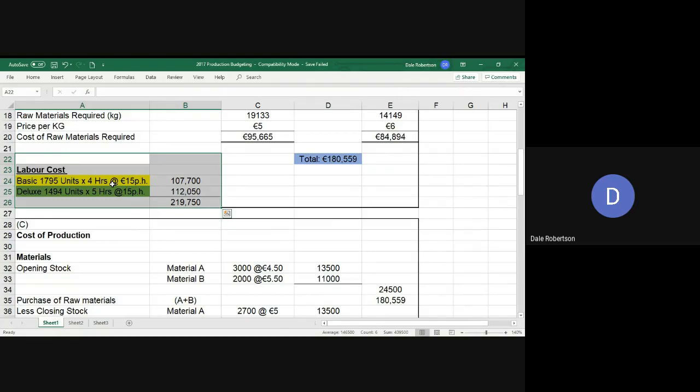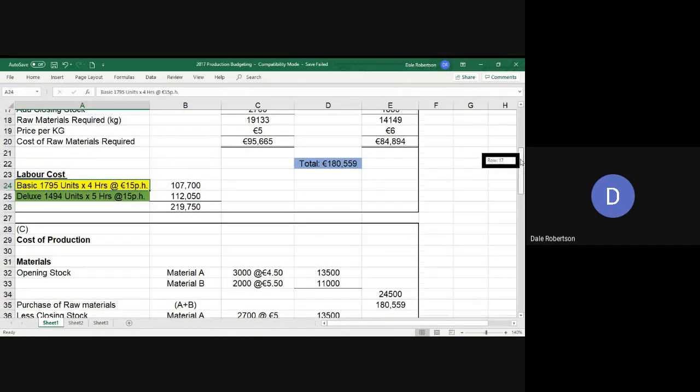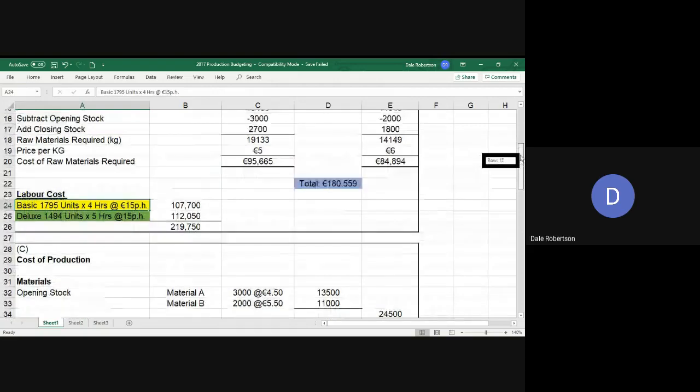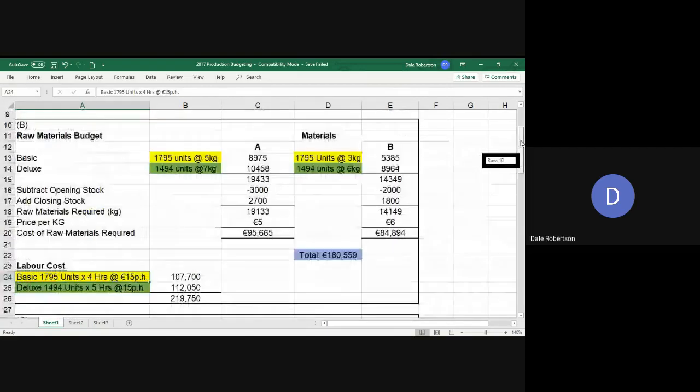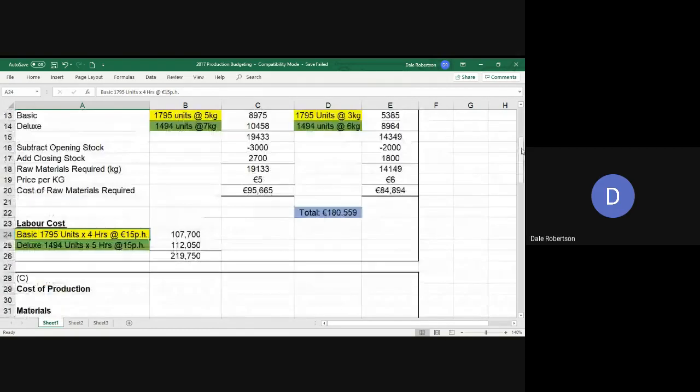So, taking our color-coded yellow number from up here, the basic is 1795 by 4 hours by €15 wages per hour, which gives you 107,700.